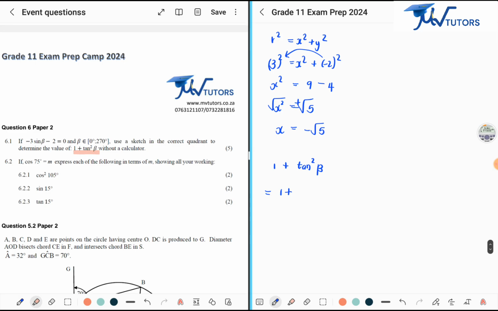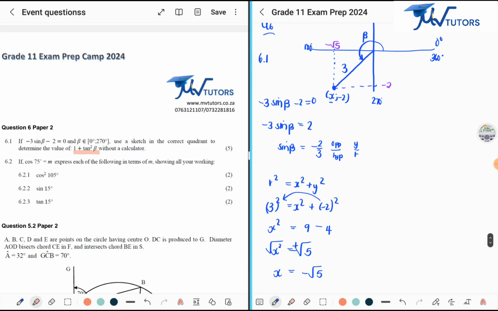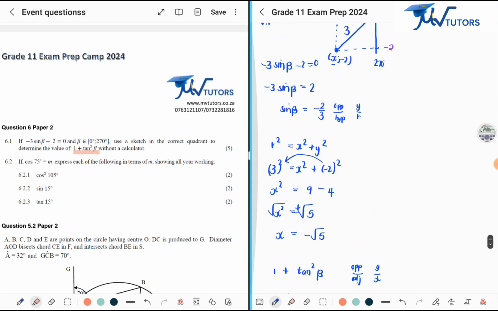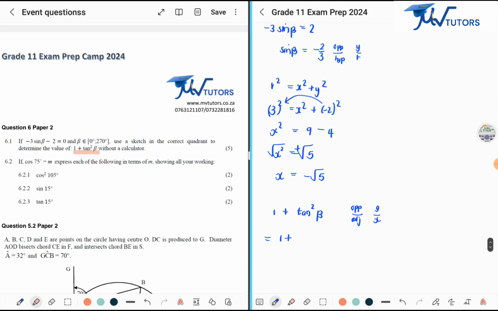We have our triangle. We know that tan is opposite over adjacent, which is basically y over x. So we don't really need to say sine squared over cos squared. It's just going to take a long time. So what is the value of y in this case? The value of y is negative 2.